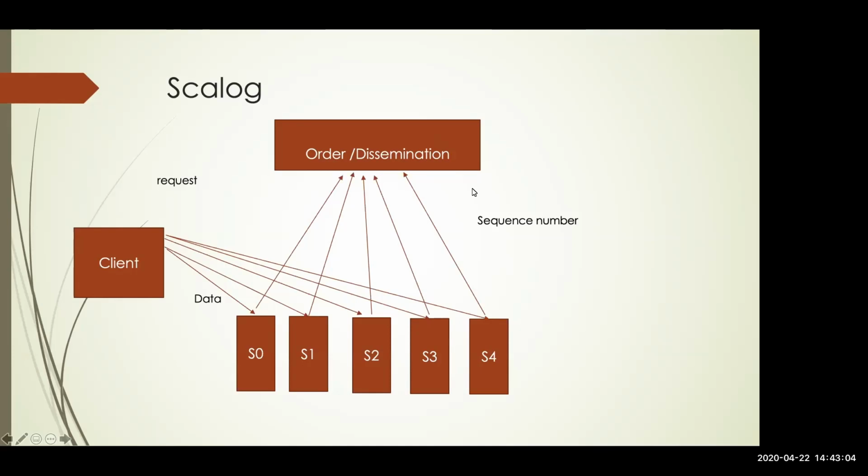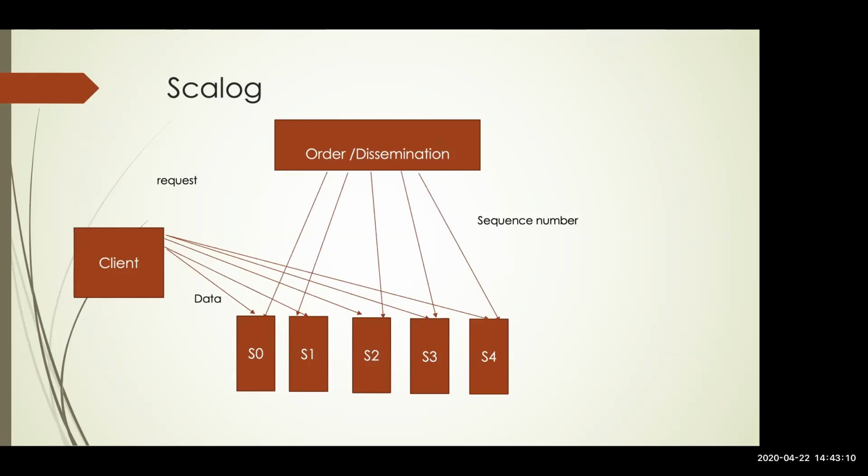The ordering layer then determines a global cut and sends the global cut to each shard. Then these data servers have the algorithm to order the records on the basis of the global cut.